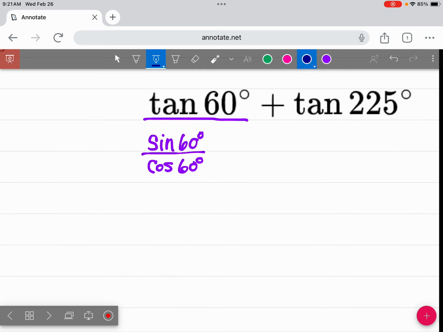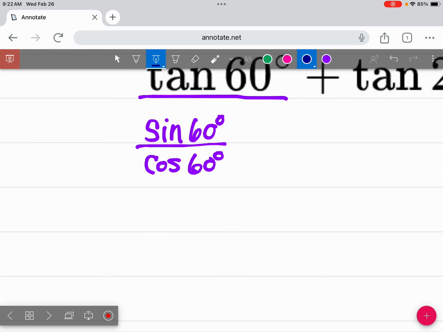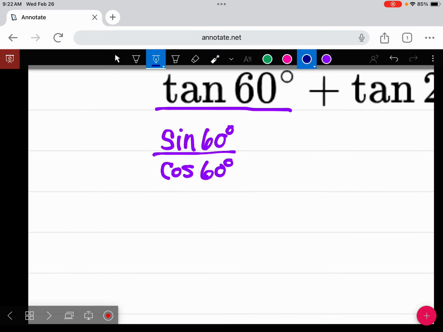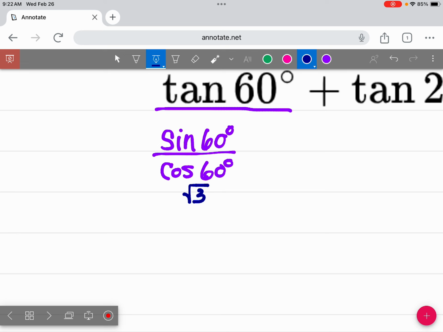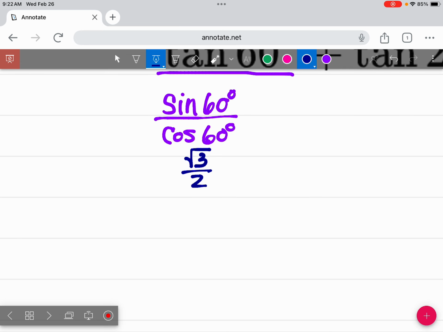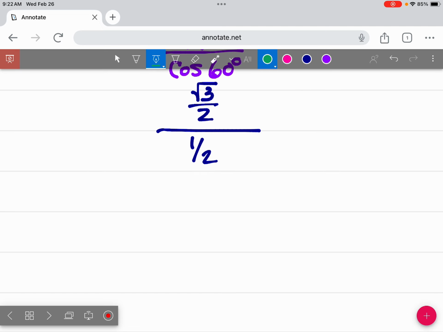What is sine of 60 degrees? Square root of 3 over 2. What is cosine of 60 degrees? 1/2. So what is our tangent of 60 degrees? It's just the square root of 3. Our over 2's cancel out.